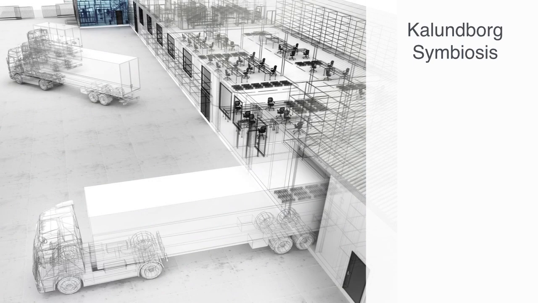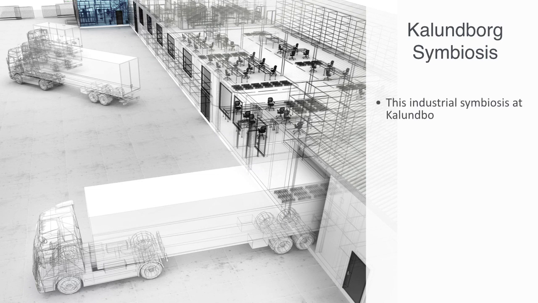A classic example of this is the Kalundborg symbiosis, an industrial ecosystem in Denmark. Here, several linkages of byproducts and waste heat can be traced between numerous entities such as large power plants, an oil refinery, a pharmaceutical plant, a plasterboard factory, an enzyme manufacturer, a waste company, and the city itself.